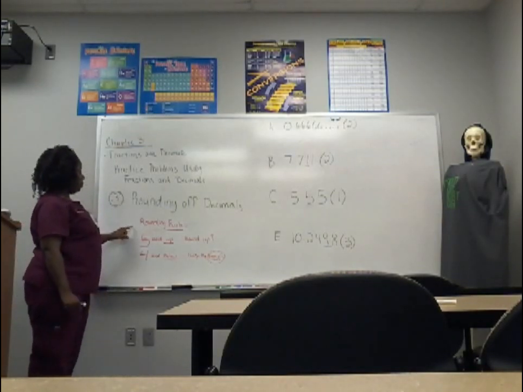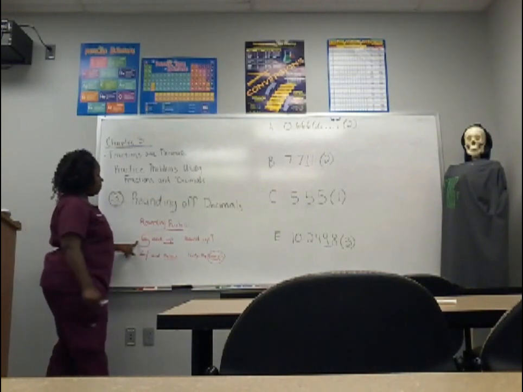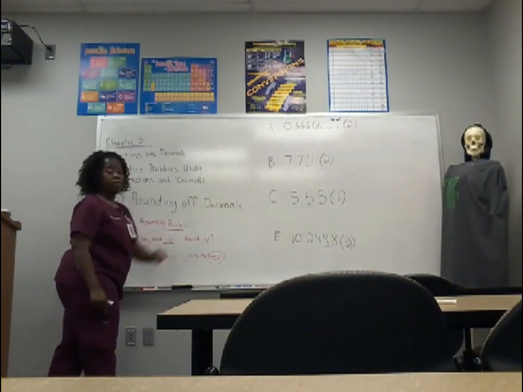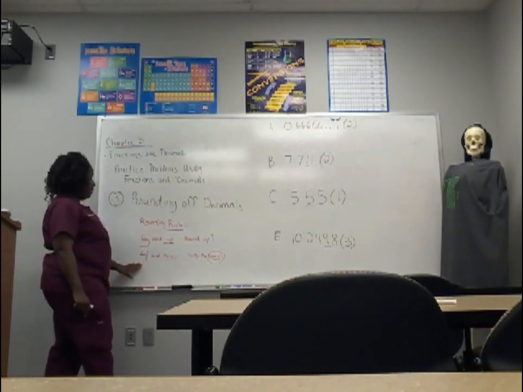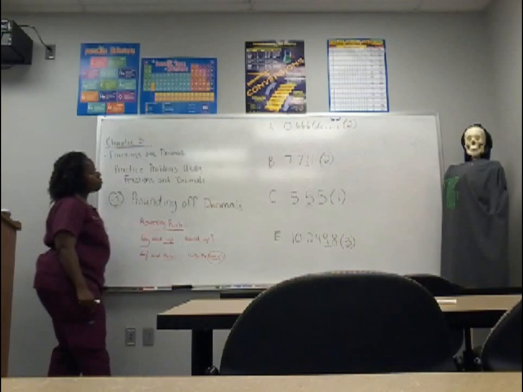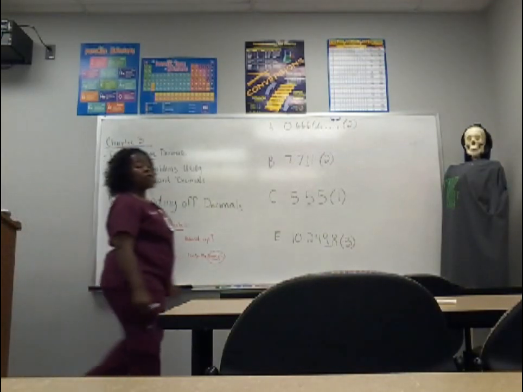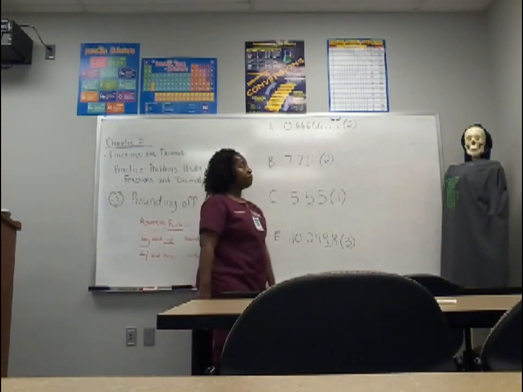The rules to rounding is simple. If the number to the right of it is 5 and up, round up, okay? And then if the number is 4 and below, we keep it the same.